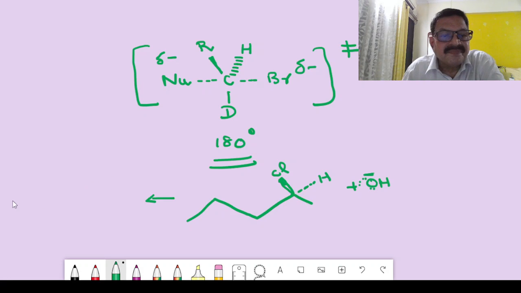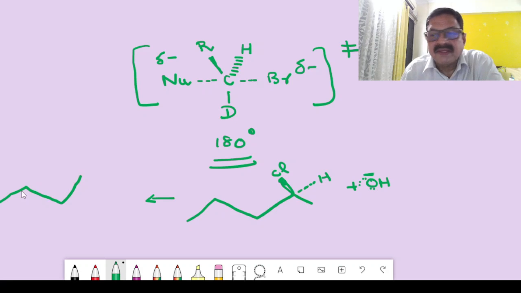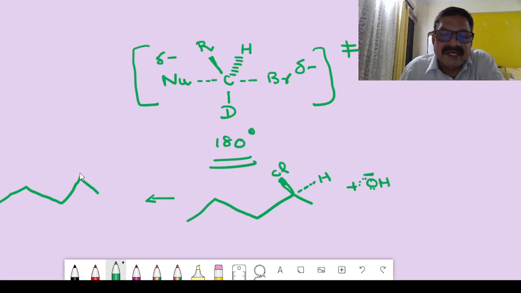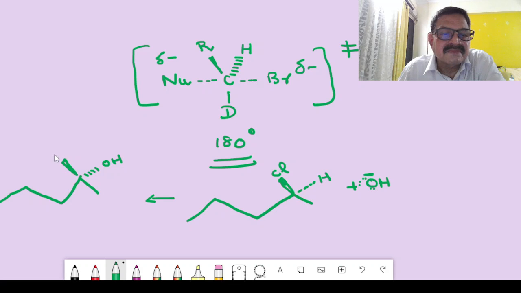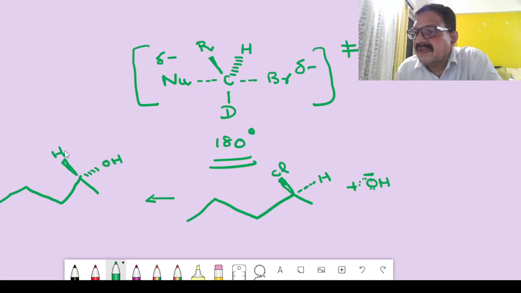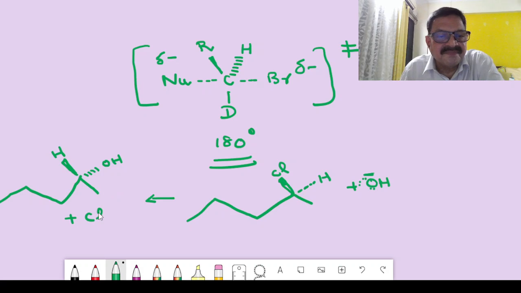It will be like this. Then your methyl group is here only. Then OH will go behind here. Correct? Like this, plus chlorine minus.